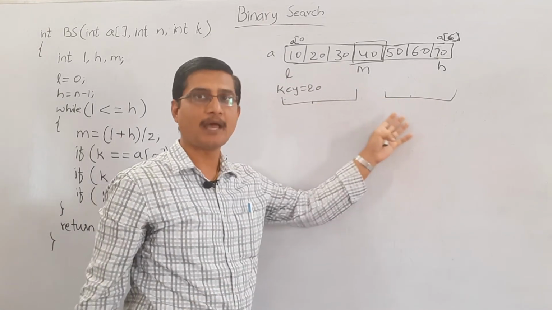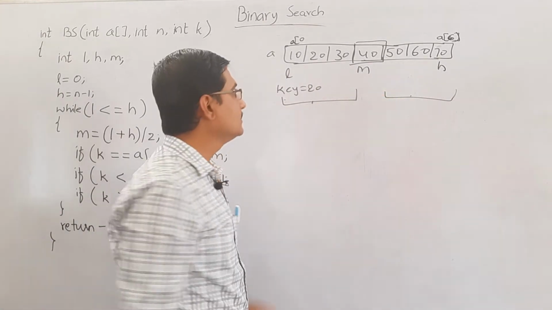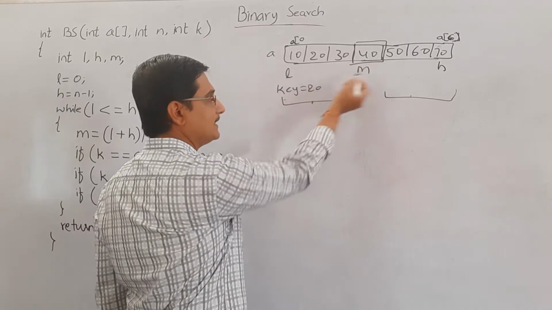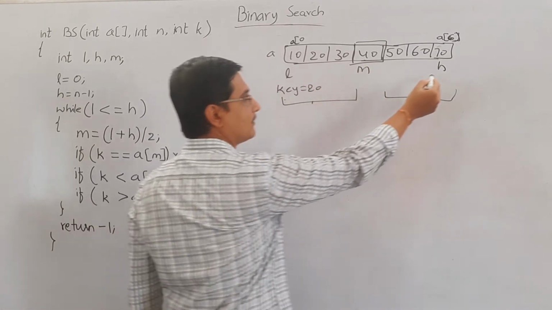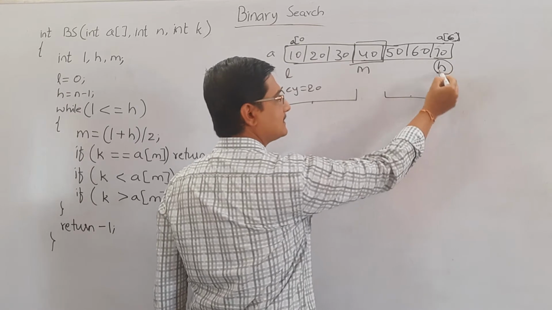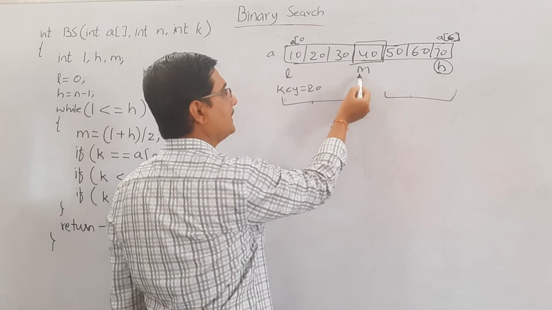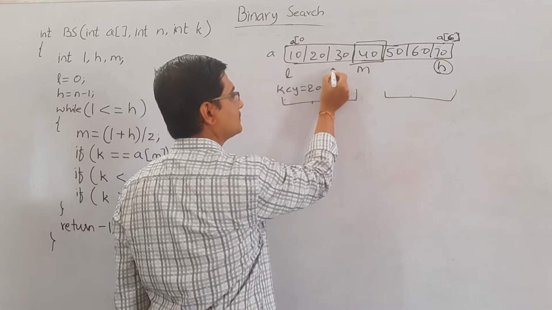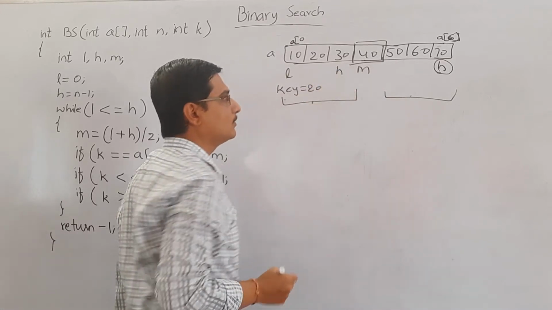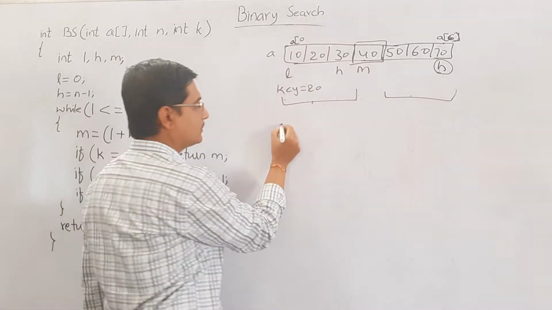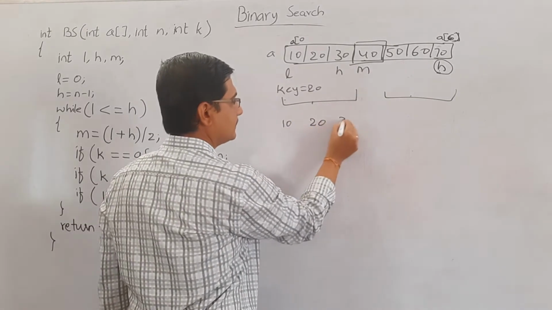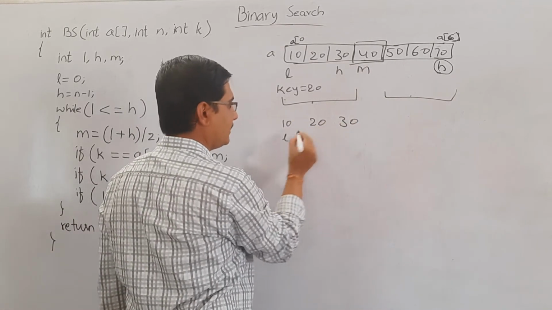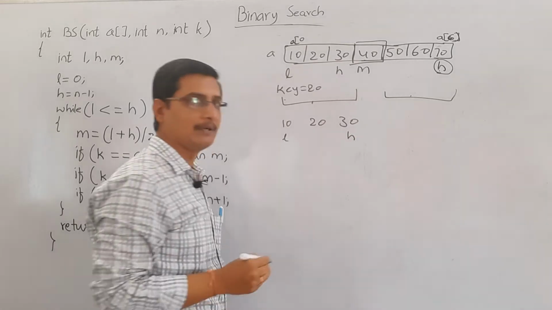We need not match any elements in this part. So 20 is less than 40, so we will reinitialize high to mid minus 1, that is the middle element to the previous element. So high is equal to this one now. So 10, 20, 30 is the only part of the array where we need to search the element.